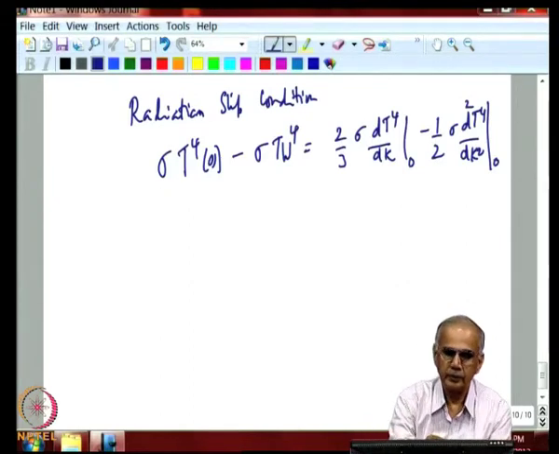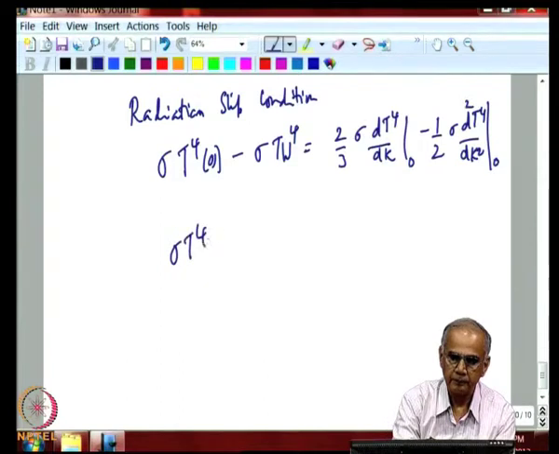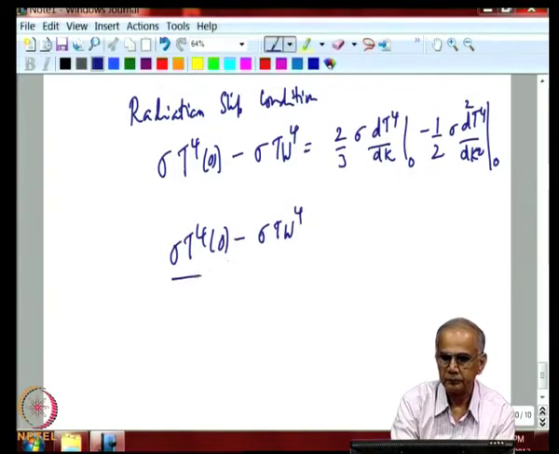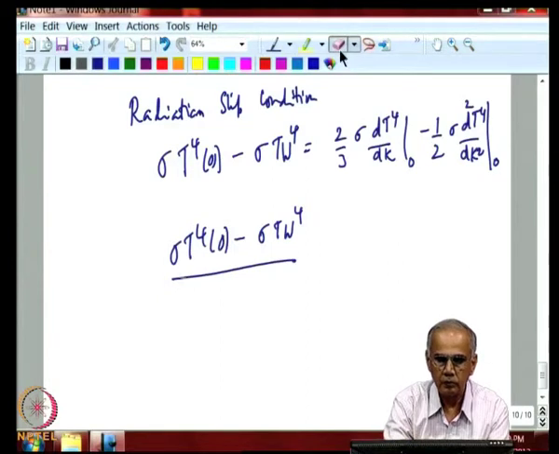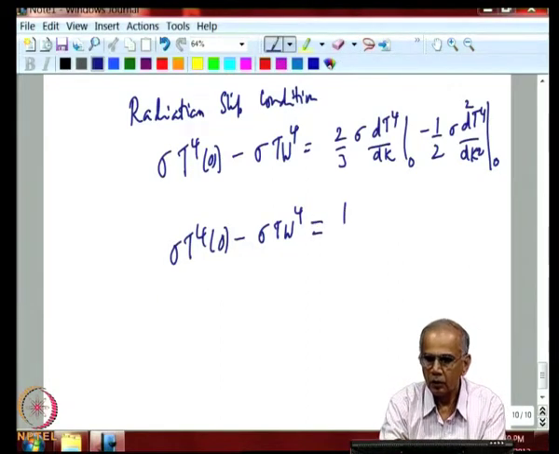So, we can calculate the radiation slip as being equal to 1/4 kappa 0 plus 3/8.